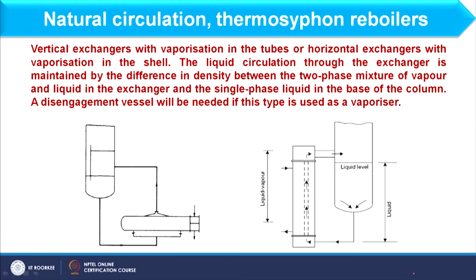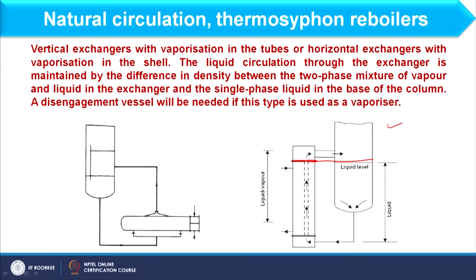Now, here we will discuss a few more points about the thermosyphon reboiler which is placed vertically. Just focus on this schematic. If I consider the top tube sheet like this, the alignment of this tube sheet should be at the level of liquid available in the distillation column.